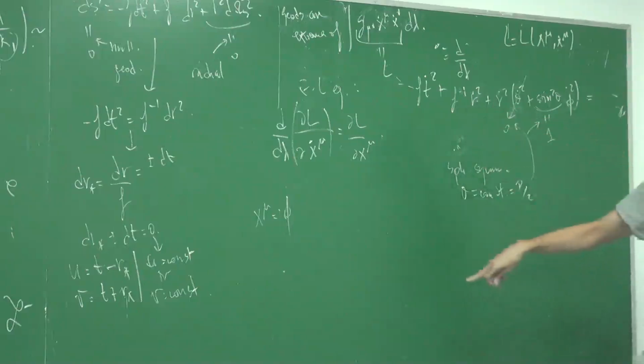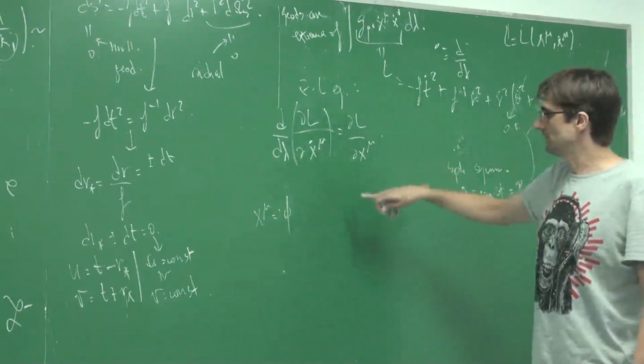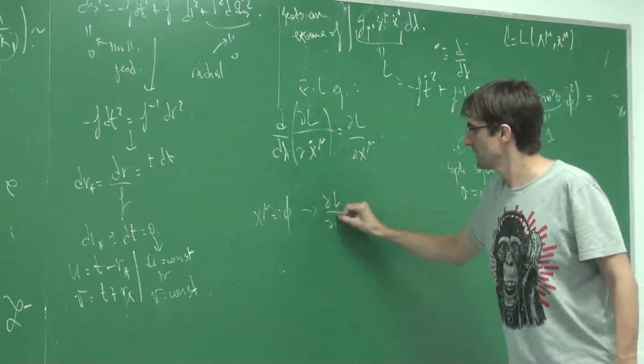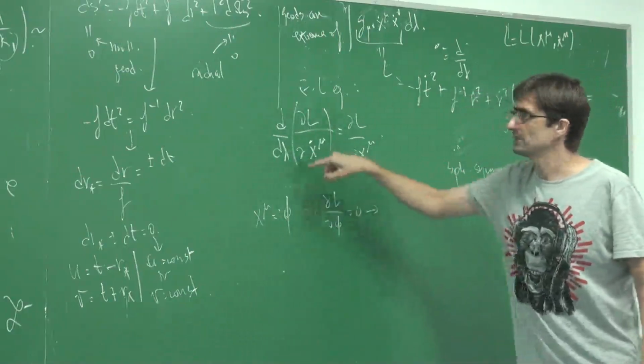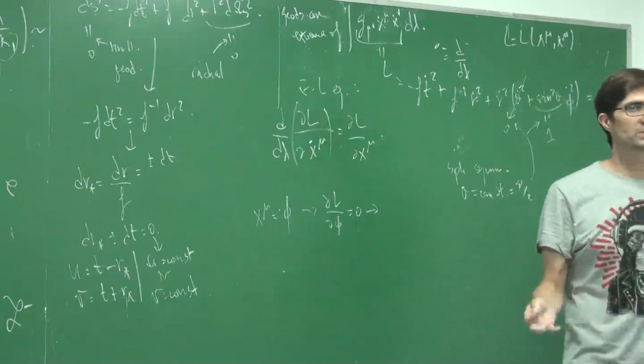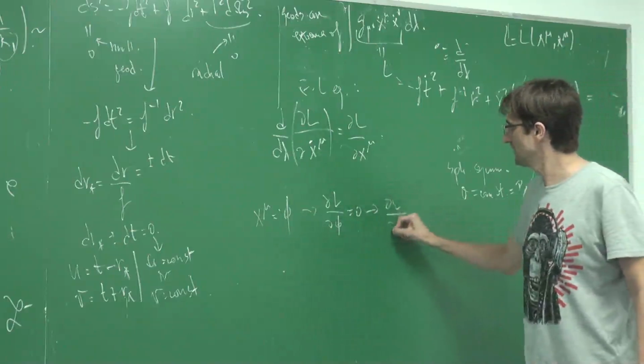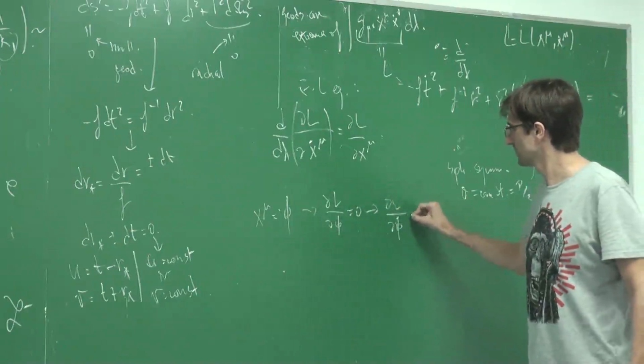So the dependence on phi is 0, and that gives you a constant of motion. The symmetries give you a constant of motion. So that tells you that this is constant.